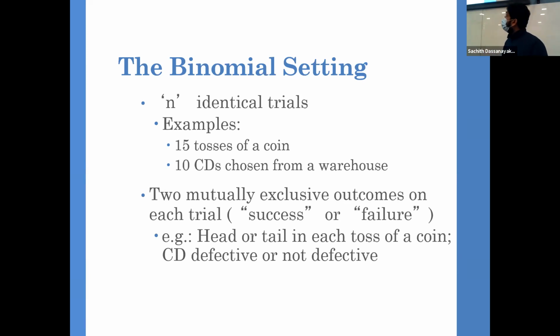For example, 15 tosses of a coin. If you flip the coin 15 times, they are independent trials. Each of them is independent. Or 10 CDs chosen from a warehouse. A CD can be defective or non-defective, something like that. They are independent, and outcomes are mutually exclusive, either success or failure.